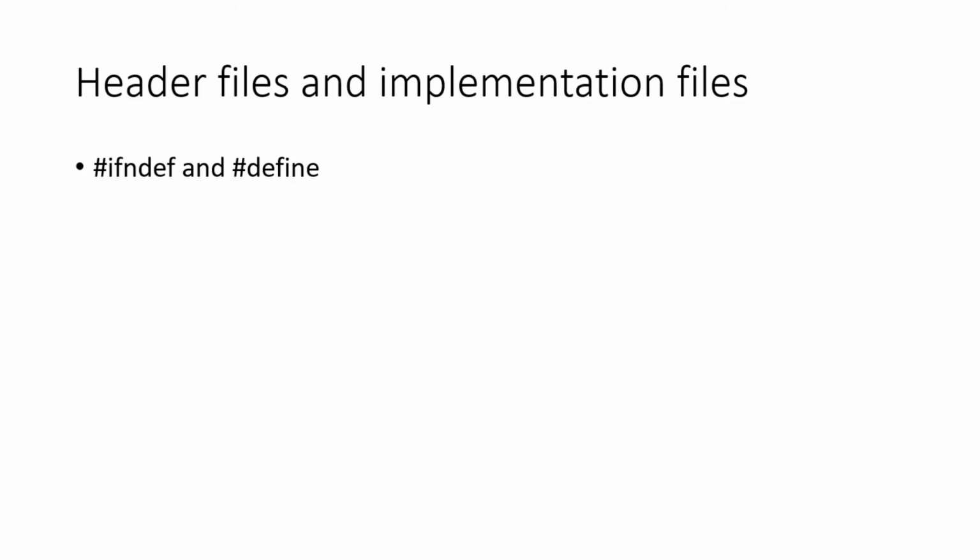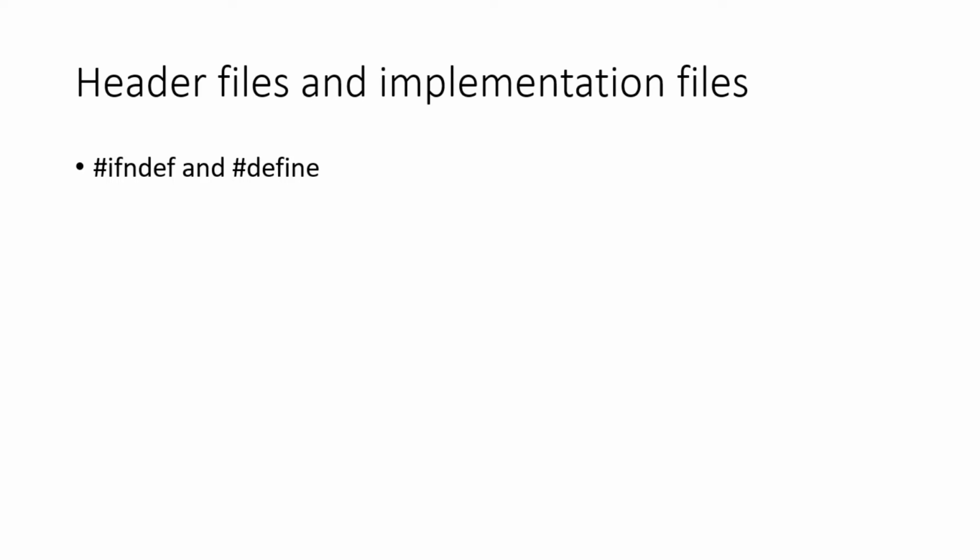And like I said, going forward, once we get into classes, you'll see that the definition of the class is in one file and the implementation is in another. But here, just to keep it simple, I'm going to build on the swap function, and I'm going to go ahead and create a header and a CPP file.